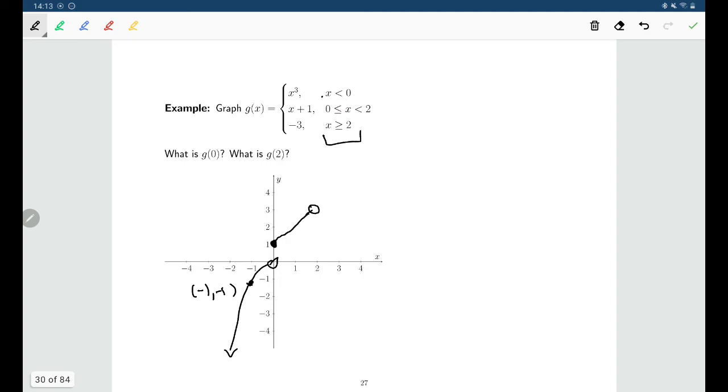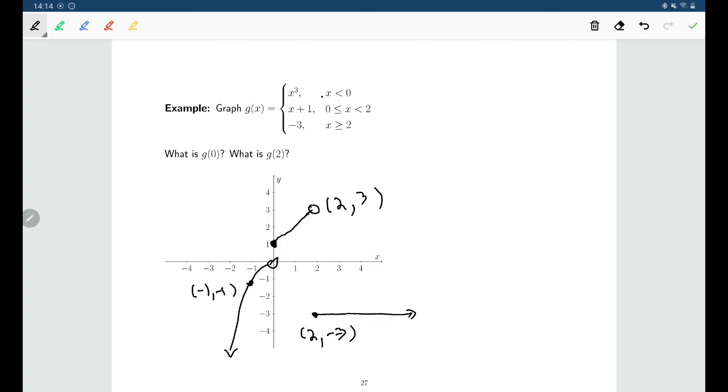What actually happens when x is 2 is the last part of this graph, which is the constant function y equals -3. When you are at positive 2, the y value is actually -3. So this point (2, -3), that is on our graph, whereas this point (2, 3) is not on our graph.